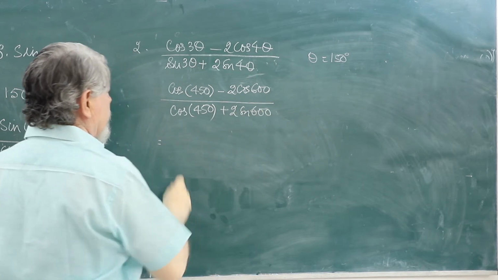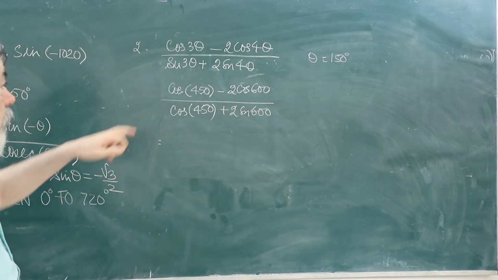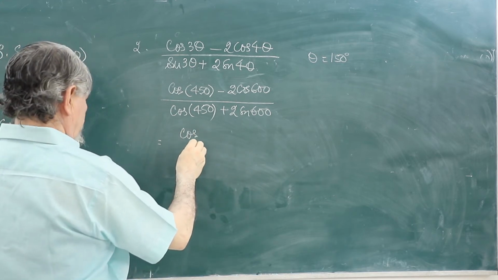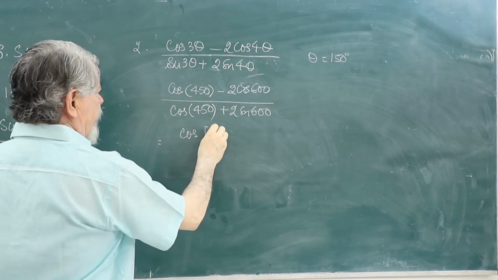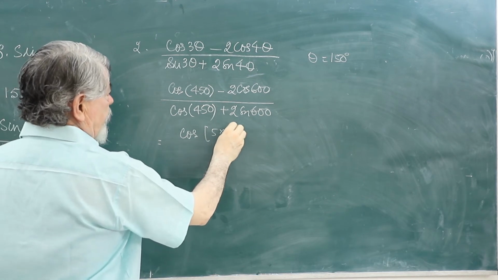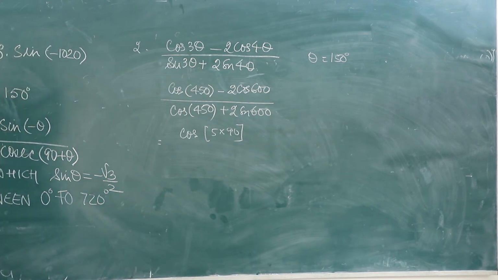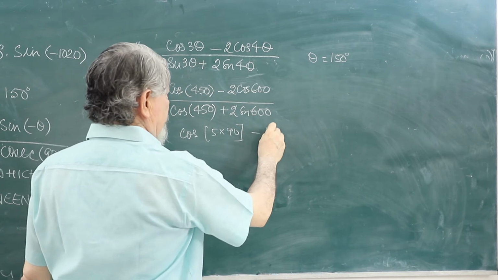Okay. Now what do we do? Cos 450 can be written as 5 pi by 2. 5 into 90, 5 pi by 2. It is 5 pi by 2 minus 2 cos 600.